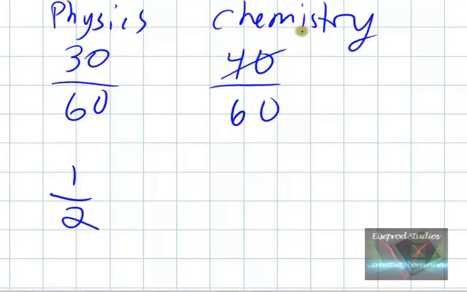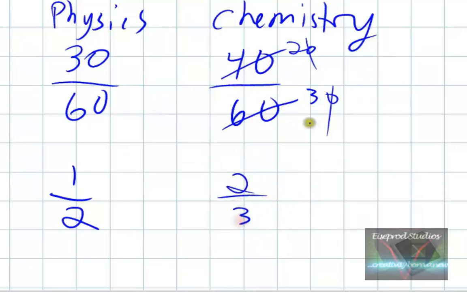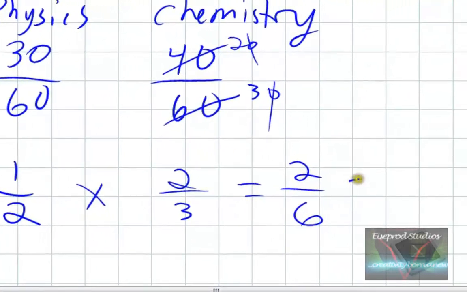So if we divide this, it'll be 20, and this will be 30, and then we can take the zeros away and get 2/3. So we could have also divided by 20. So there's 2/3, and then in order to get the probability of both, we have to multiply the 2. And remember, multiplying fractions, you just go straight across. So it's going to be 2/6, which reduces to 1/3.